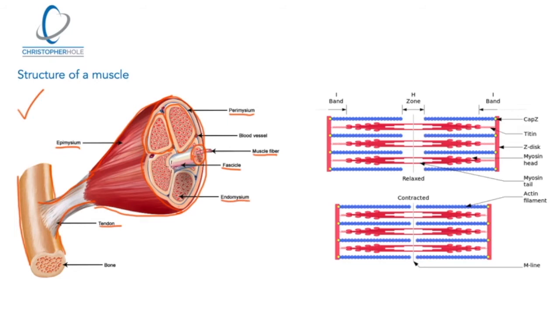So we've got these fasciculi here, surrounded by the perimysium. Then you've got the muscle fibre here, surrounded by the endomysium.